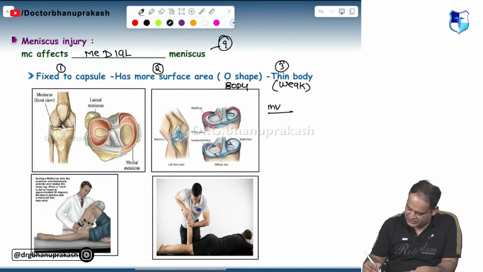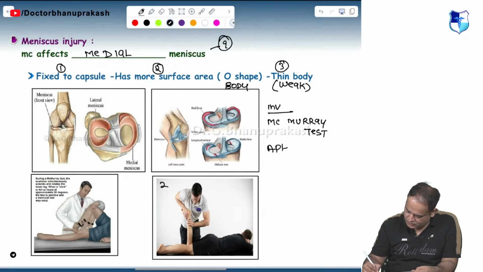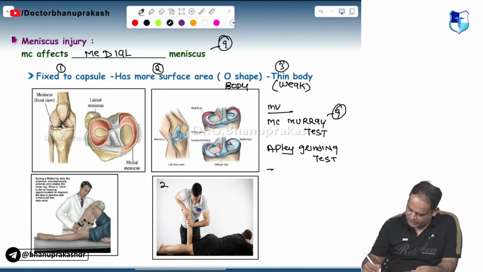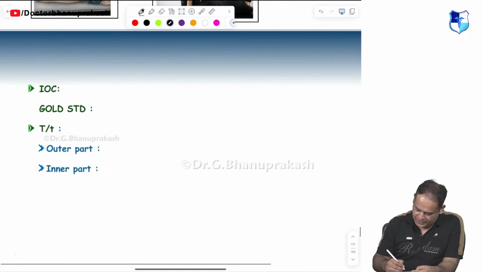Now, the investigation, McMurray test. The second, apply grinding test. Just remember this. Investigation of choice, MRI. Fine.